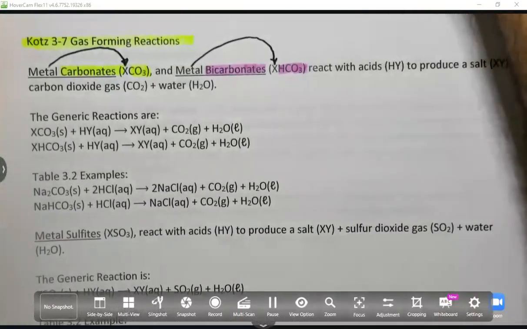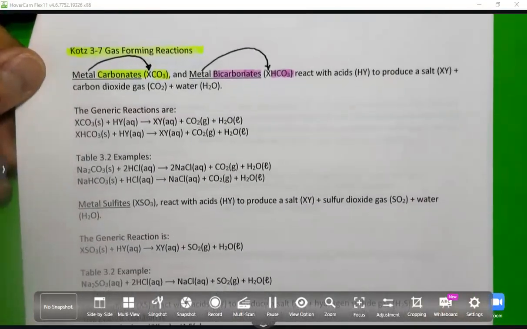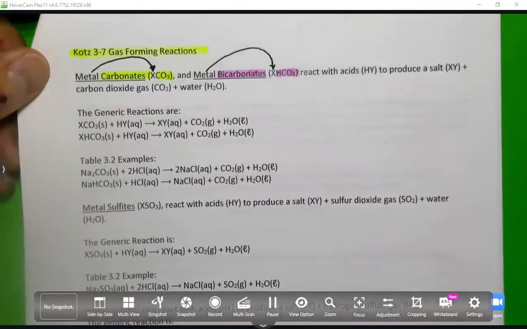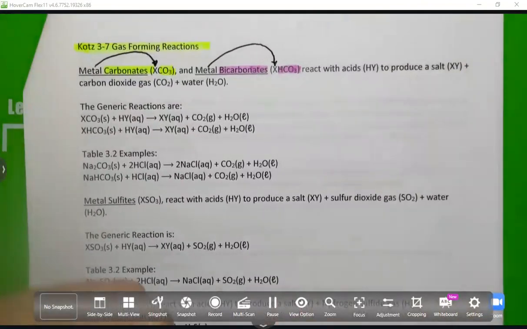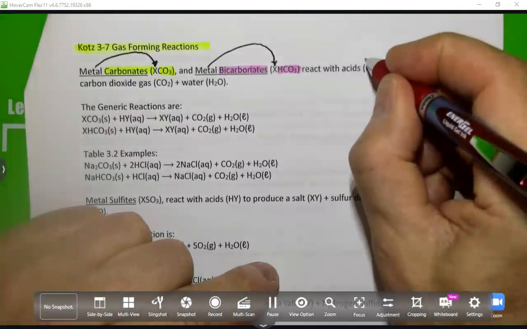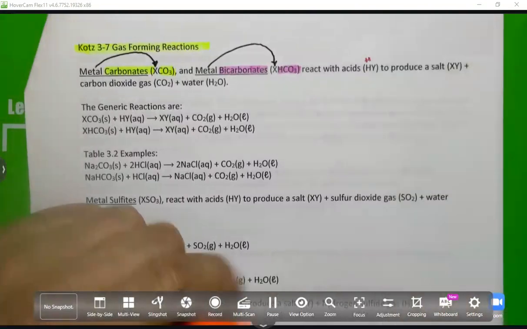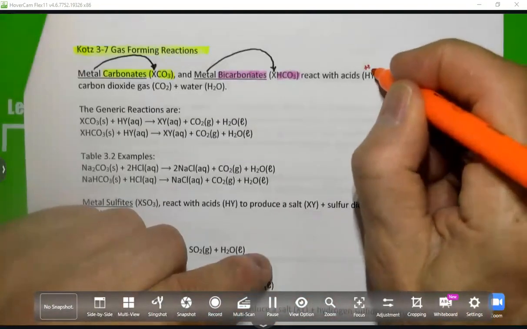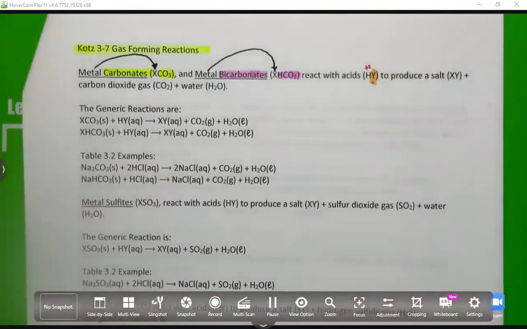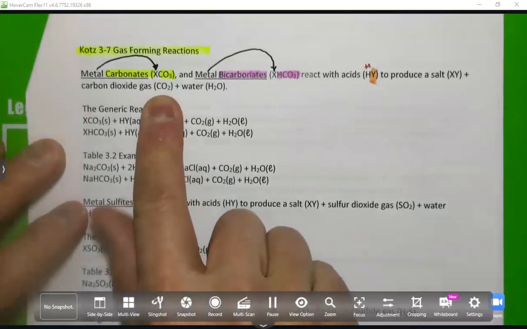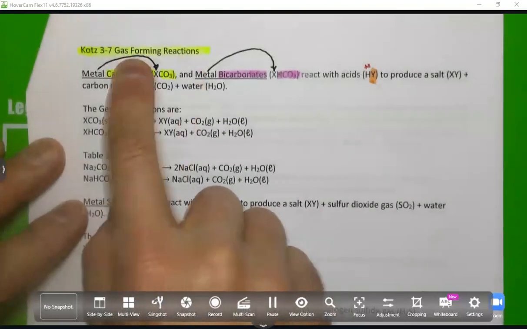And reacting those with an acid, and with an acid, you know you've got a +1 charge on the hydrogen, but you have this negative ion here. You produce a salt, carbon dioxide, and water. This is our gas. It's gas forming reactions.